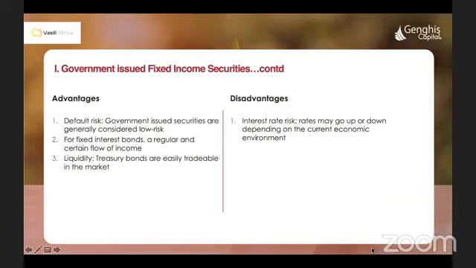When rates are low, the bond valuation goes up, giving us what we call in fixed income portfolio management bond duration, which affects the return that you stand to get as an investor. And this is mainly because these instruments are traded and they are subject to the prevailing interest rate environment that dictates and determines their pricing. That's the major disadvantage of government securities.